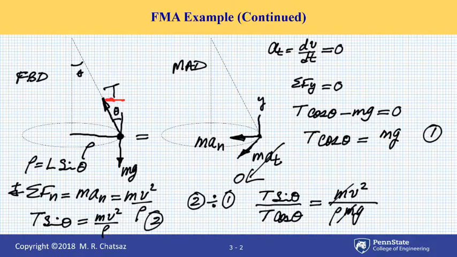Observe that m cancels out, T cancels out, and this equation can be simplified.